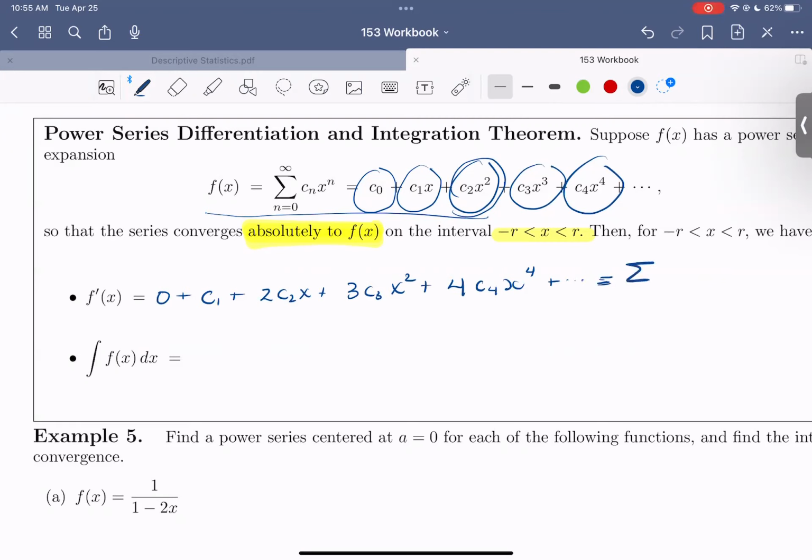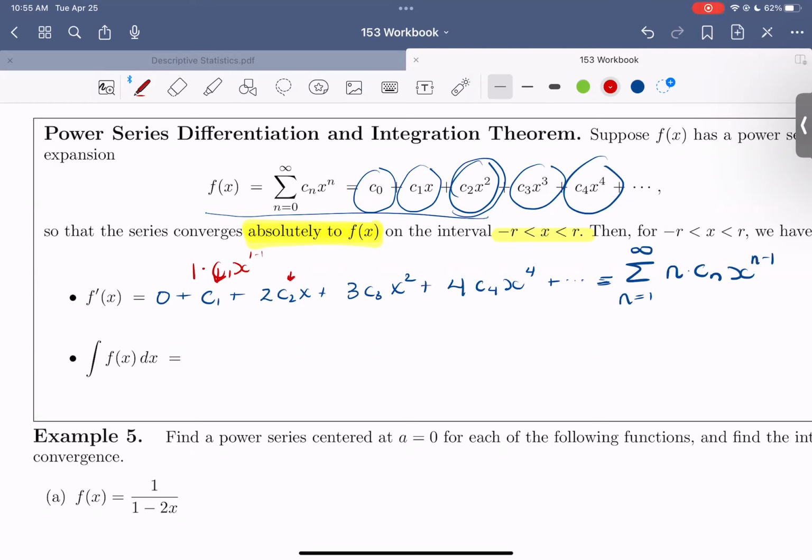We get that this is equal to the sum from n equals 1 to infinity of n times cn x to the n minus 1. For example, for the first term, we have 1 times c1 x to the 1 minus 1, or x to the 0.